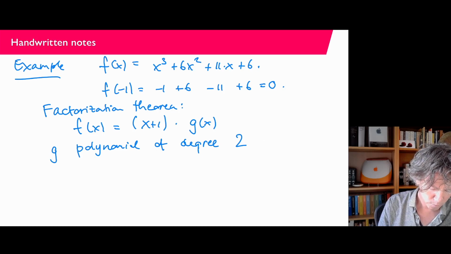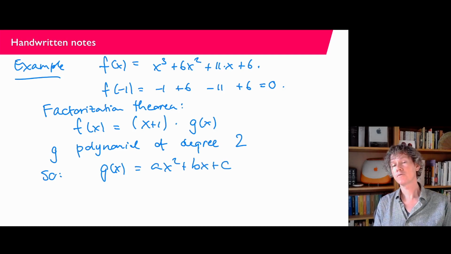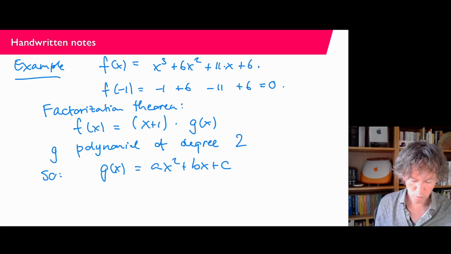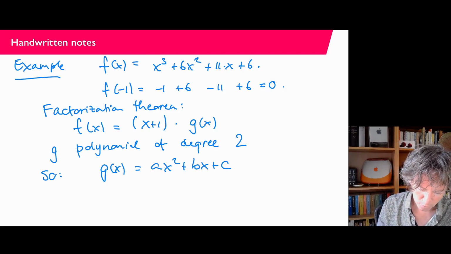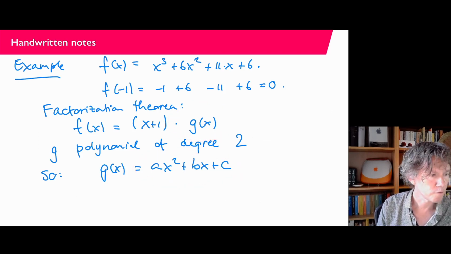So what that means is I can write g of x as ax squared plus b times x plus c, because every polynomial of degree 2 has this form with some coefficients a, b, and c. And now what I'm going to do is I'm going to take this expression and plug in here. So what do we find?